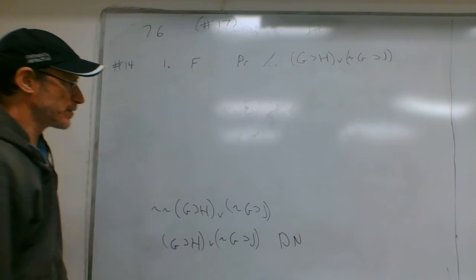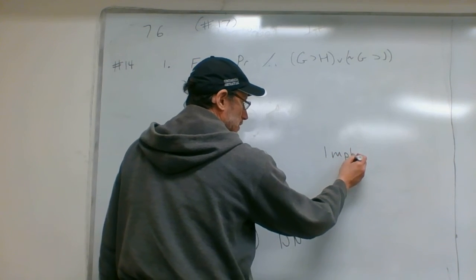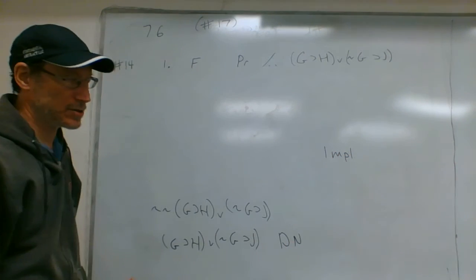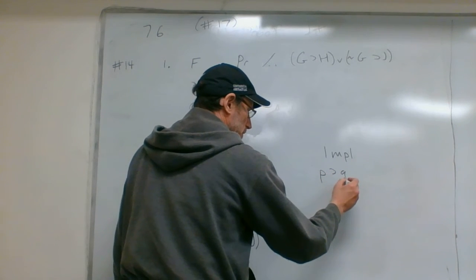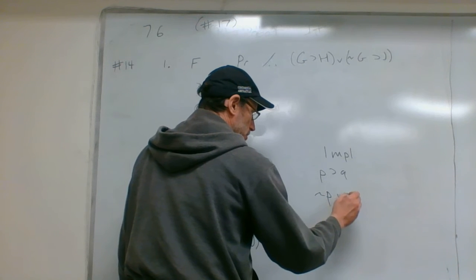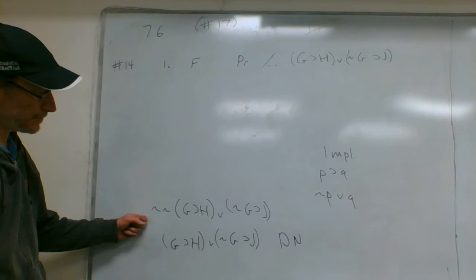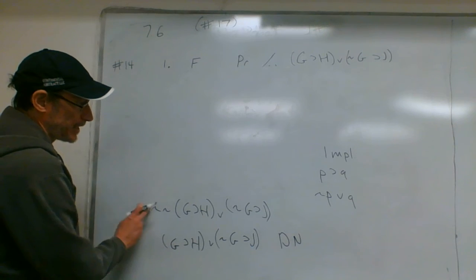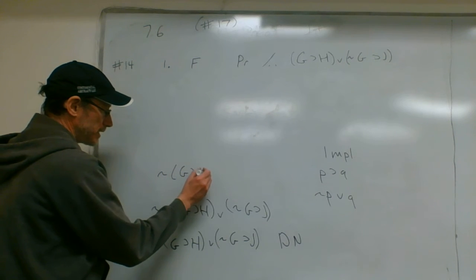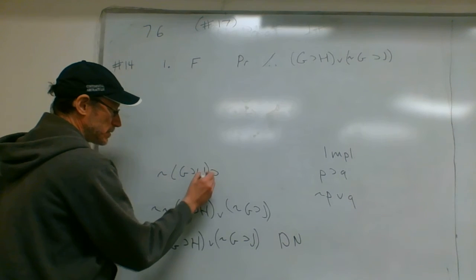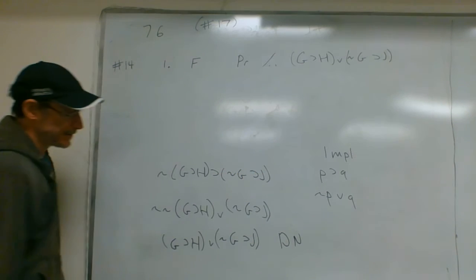Okay, now remember the rule of implication, which I sometimes called conditional exchange: if you have P horseshoe Q, you can get to not P wedge Q. So this over here could be changed to not G horseshoe H, horseshoe, not G horseshoe J. See that?